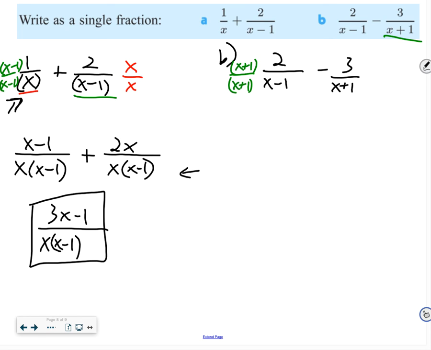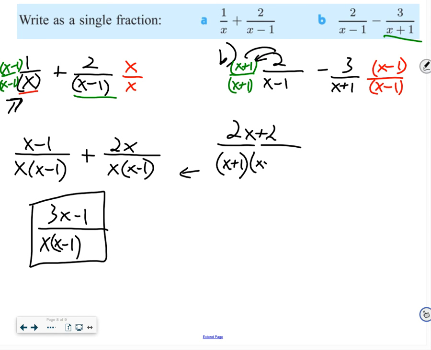I'm going to multiply that by a form of 1, which is x minus 1 over x minus 1. Okay, so multiply up the top. So I am going to distribute the numerator. So I'm going to get 2x plus 2, but I'm just going to leave this in factored form, x plus 1 times x minus 1.